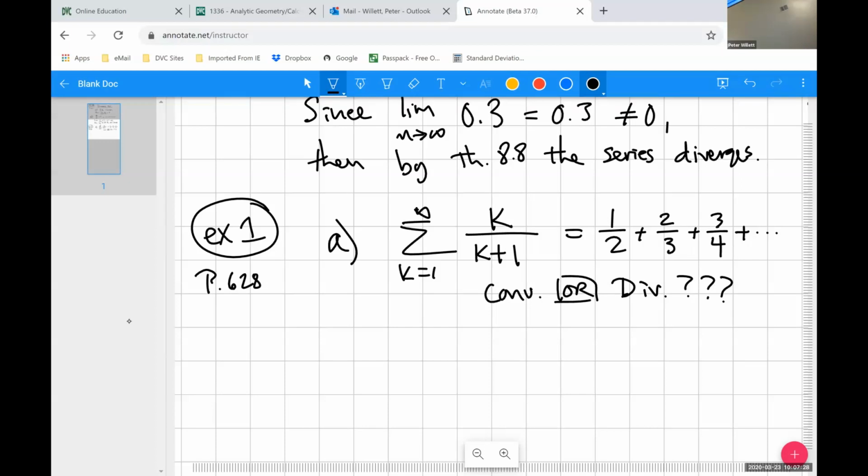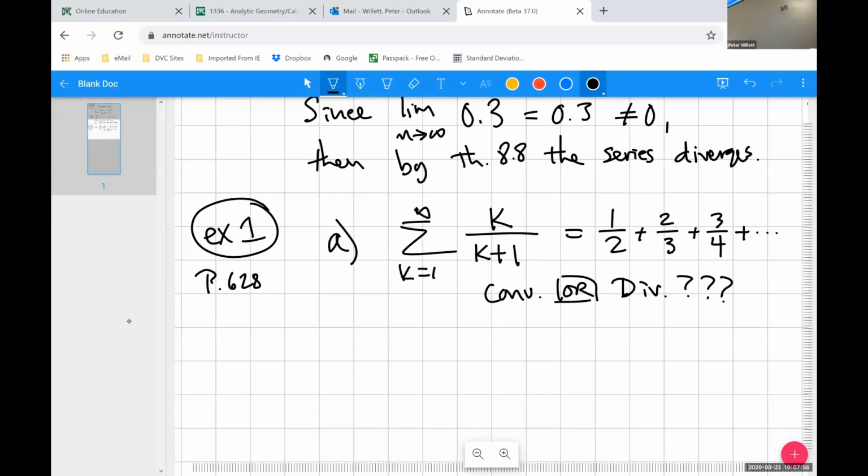So again, you basically ask yourself, for this to have a chance to converge, the terms themselves have to be going to zero, or it won't have a chance of converging. So if the terms do not go to zero, it must diverge. If they do, then I still have to figure out whether it diverges or not. Then the divergence test would be inconclusive.